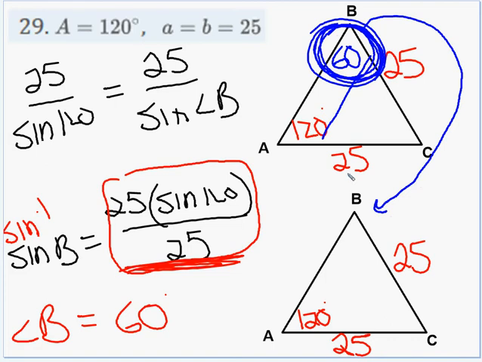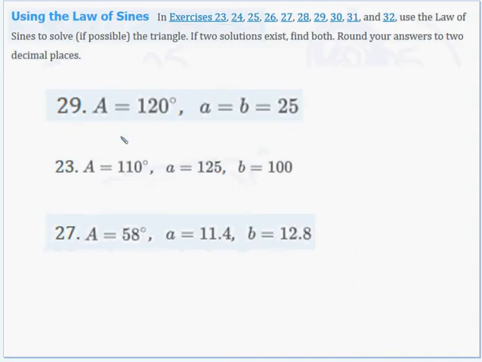So this angle B in the other triangle would have to be a 120 degree angle B. And in this case, there's no way we can have a triangle because here we're already over 200 degrees and there's only 180 degrees to go around. So in this case, for number 29, no solution.